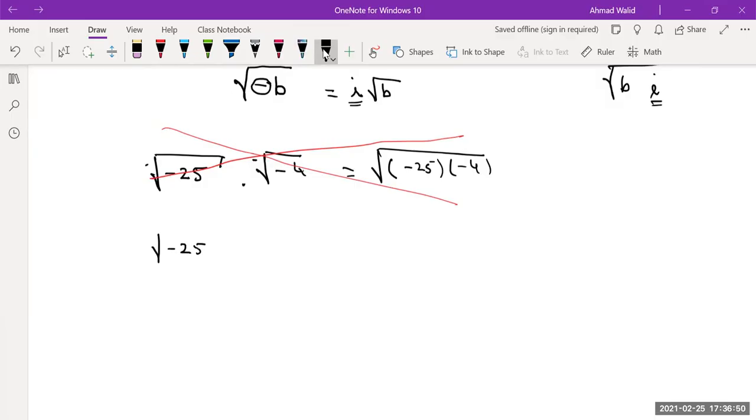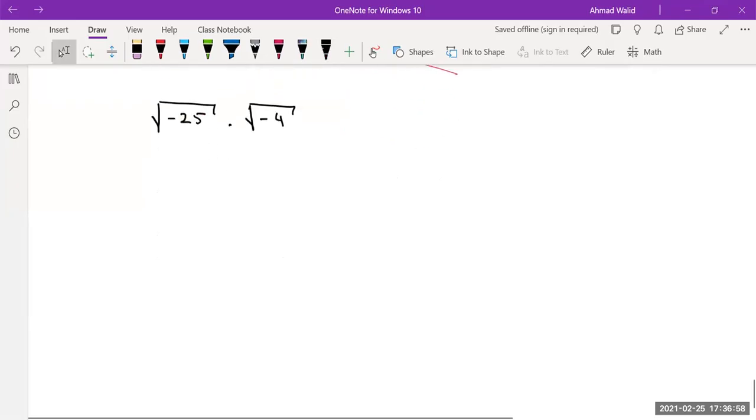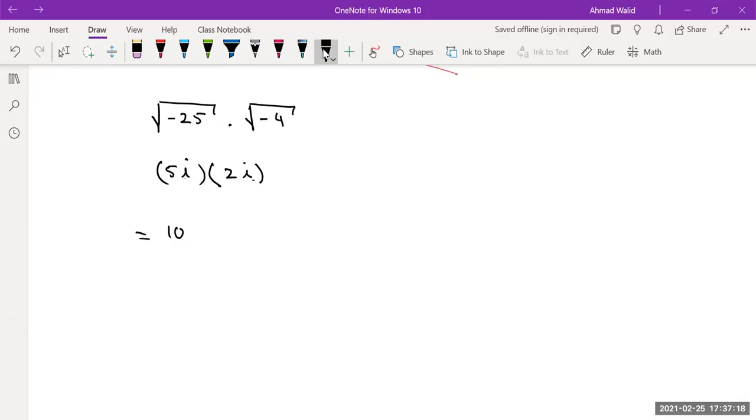The square root of negative 25 is actually 5i, right? We discussed. Times the square root of negative 4 is 2i. Now multiply these two. 5 times 2 gives you 10, and i times i gives you i squared, and you know i squared is negative 1, then negative 1 times 10 gives you negative 10. That is the correct answer.